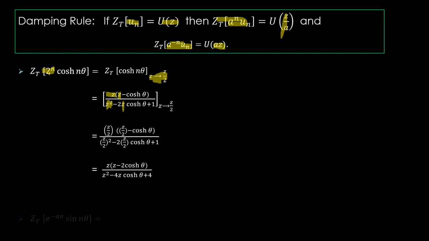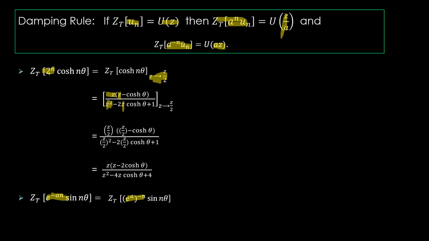Next problem. Z transform of e^(-an) sin(n theta). I can rewrite it as the z transform of (e^a) whole raised to minus n times sin(n theta).